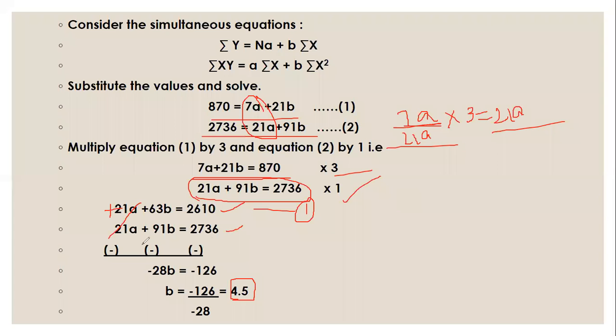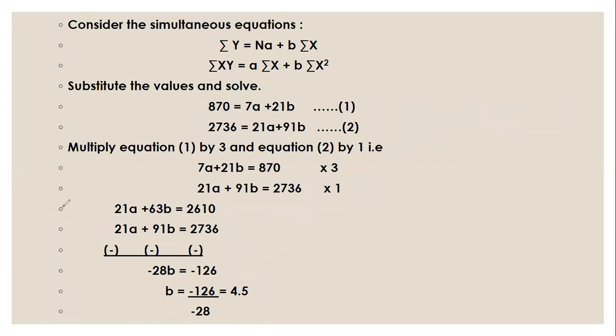Now when you're solving it simultaneously, you are supposed to change the signs for the second equation. Suppose you had minus 21A, you have to change it to plus. If you have plus here, you have to change it to minus. So that will be your two equations.